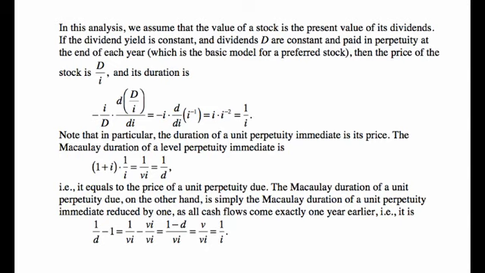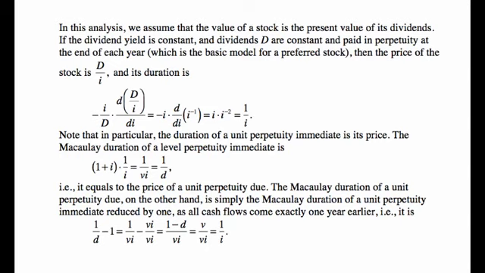And the duration of this would then be minus the reciprocal of the price times the derivative of the price. So the reciprocal of D over i is i over D, times the derivative of D over i with respect to i. And of course you can just cancel the D because it's a constant, and you get minus i times the derivative of i to the negative 1, so i times i to the negative 2, so 1 over i.